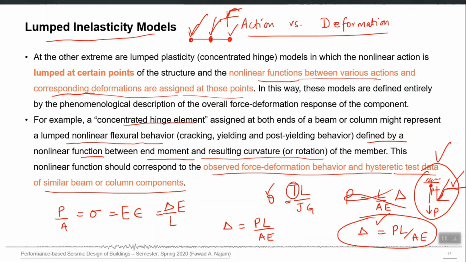So there are several tests which are currently being performed on different structural components, and most of them, structural level tests, involve the application of lateral load and then reversing it in the opposite direction and keep on applying cycles, and at the end those results report the action deformation behavior in a cyclic manner. So those experimental results guide us on what input parameters we should use for our nonlinear model, right?